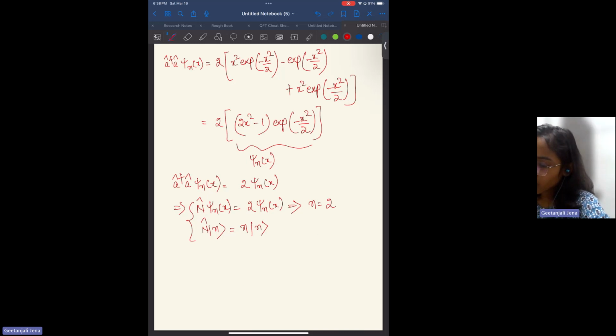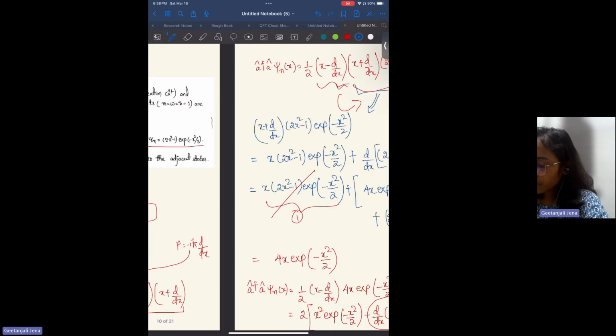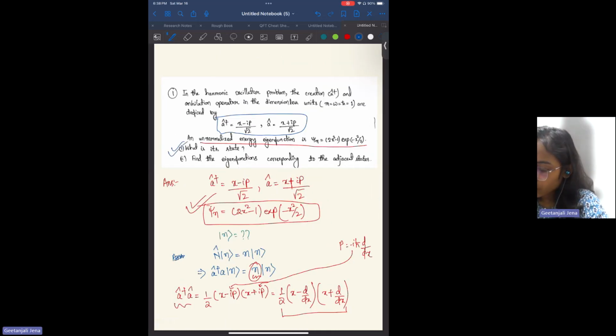So that means the quantum state of the system n is 2. So now you got the value for the first problem. So here you got n equal to 2.